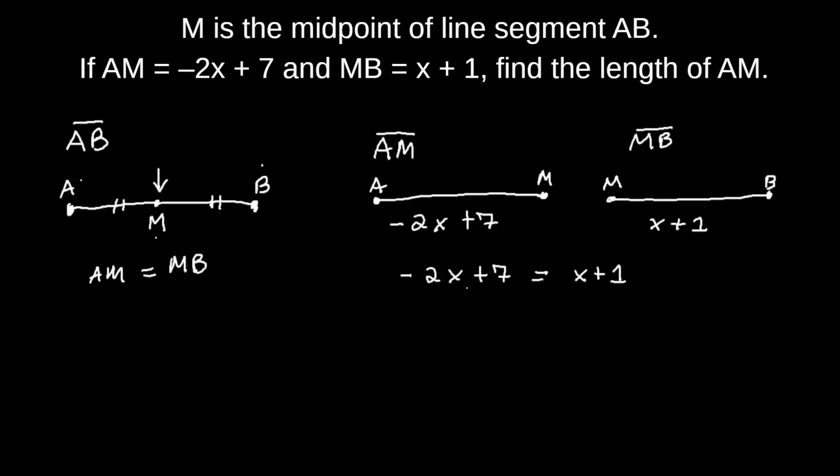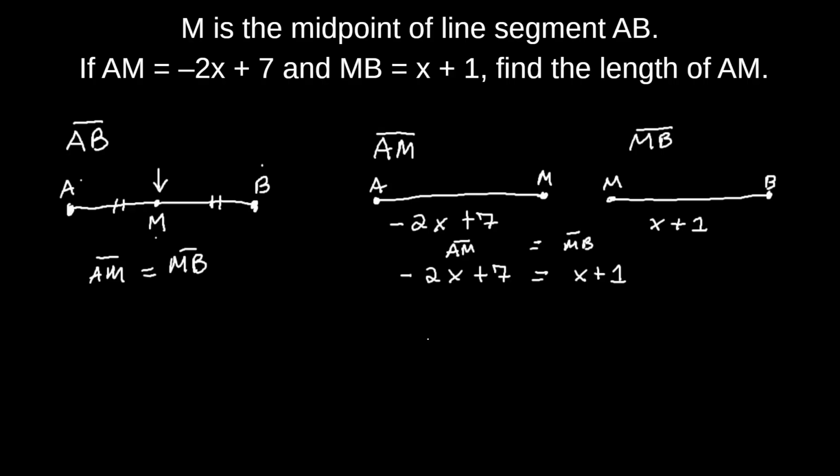This is a key property of midpoints, and it's what lets us set up equations like this: negative 2x plus 7 equals x plus 1. Also, don't forget the segment symbol here. If I were you, I would always set up the problem like this: segment AM equals segment MB.